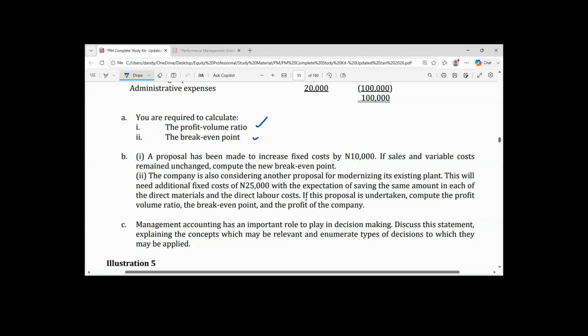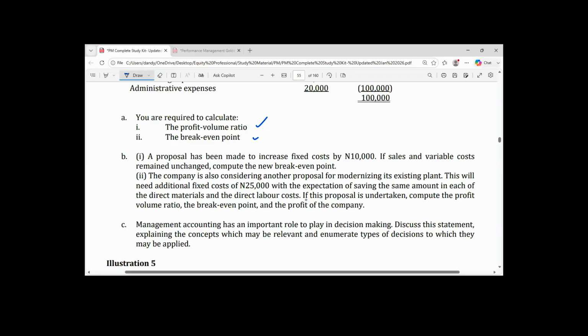II. The company is also considering another proposal for modernizing its existing plants. This will need additional fixed cost of 25,000 naira, with the expectation of saving the same amount in each of the direct materials and the direct labor cost.